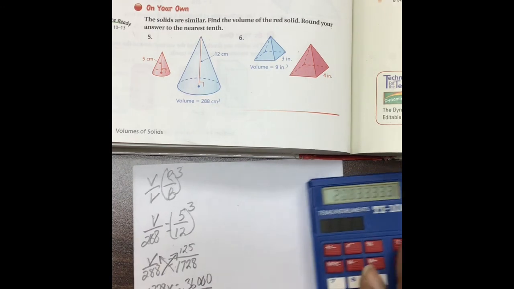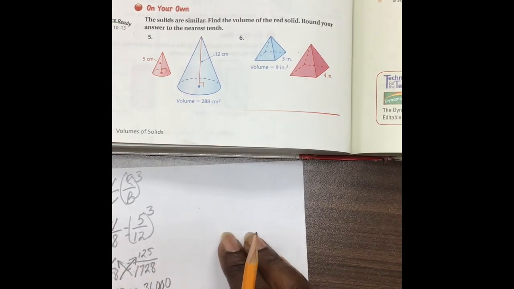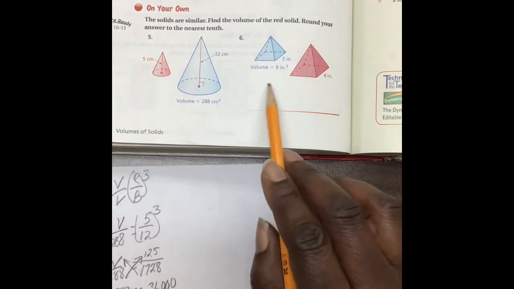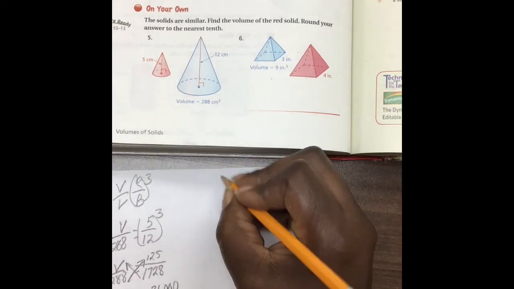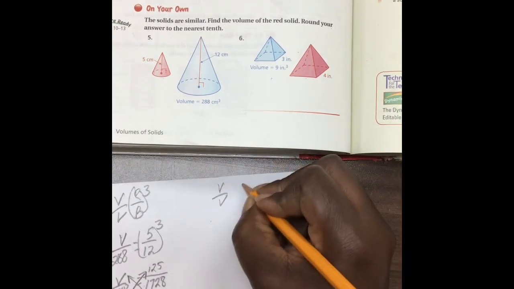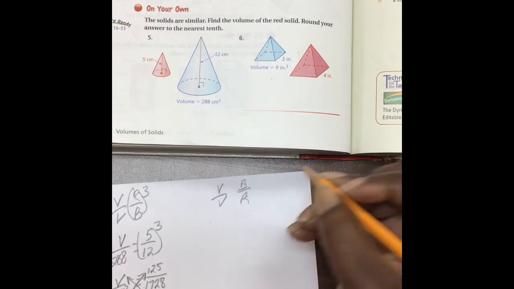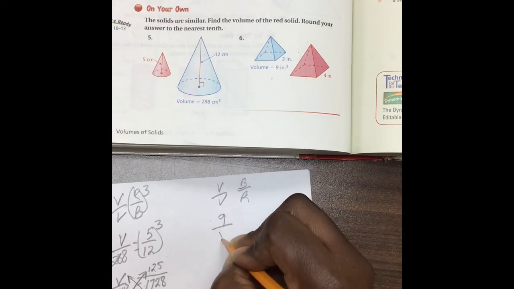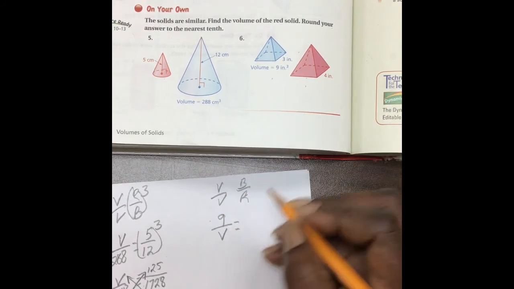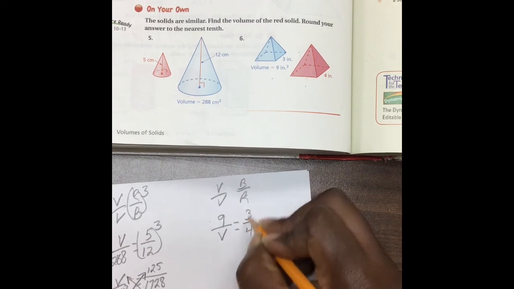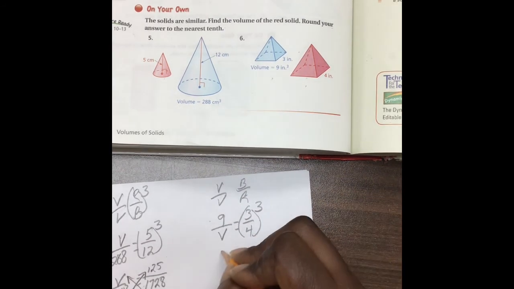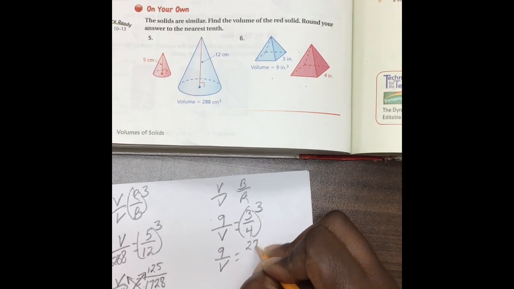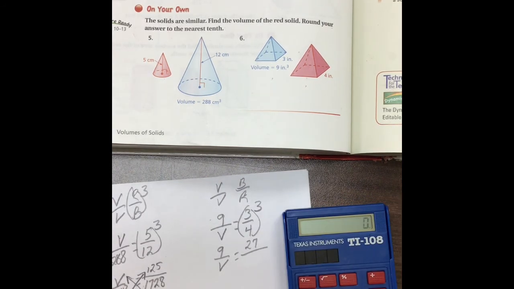Let's look at our triangle, square pyramids. We have the volume here, and we don't have the volume here. So we have volume to volume, and we're going to put blue to red. If we put the blue on top, we have 9 to V, because we don't know what red is. Blue is on top. We have 3 to 4, and it is cubed. So 9 over V equals 3 cubed, which is 27, over 4 cubed, which I believe is 64.